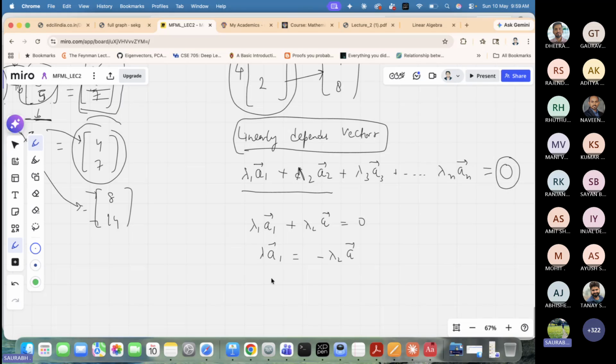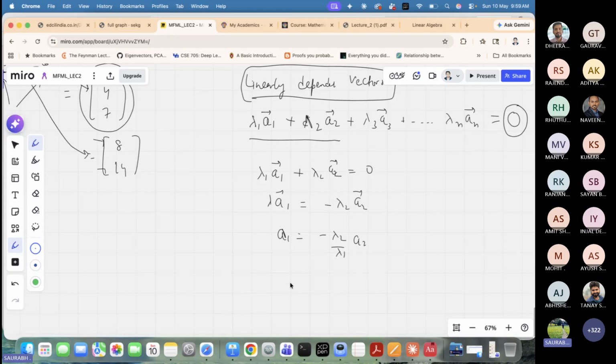Now we can also say that a1 is equal to minus lambda 2 by lambda 1 times a2. So if we can write a vector like a1 equal to 4 times a2, then they are dependent. We already saw that both the vectors are dependent, right?